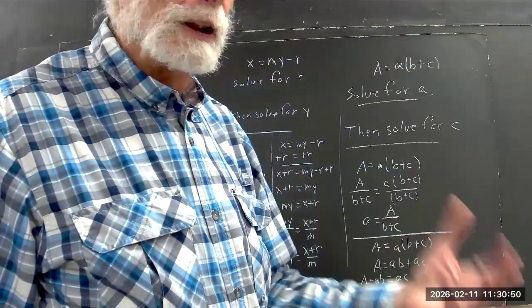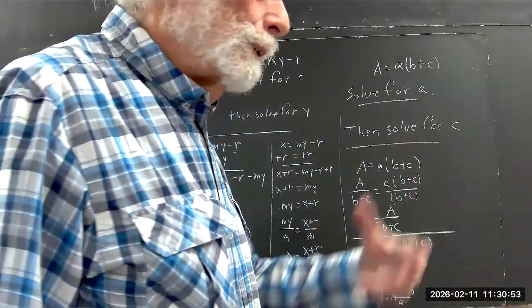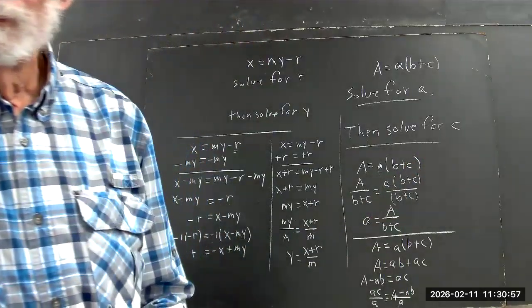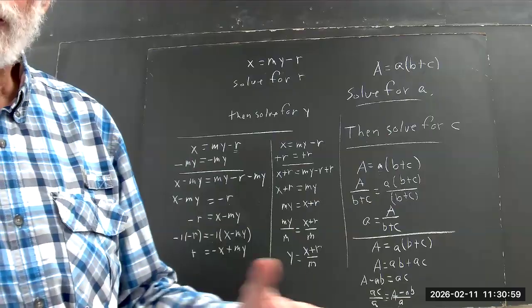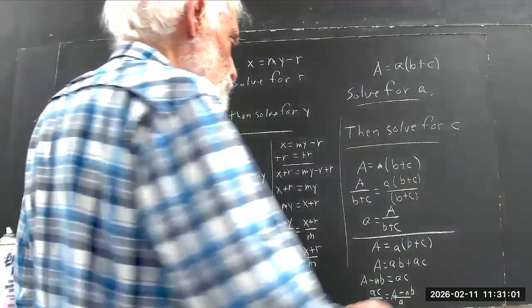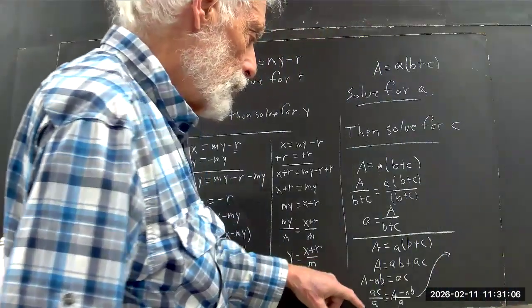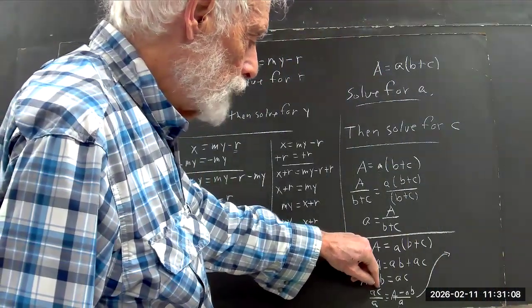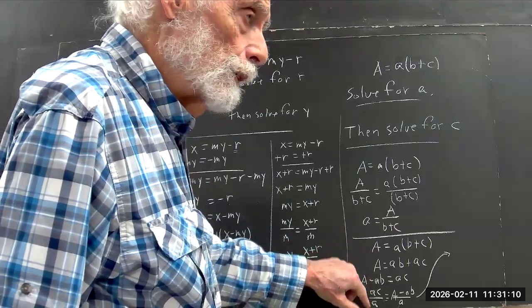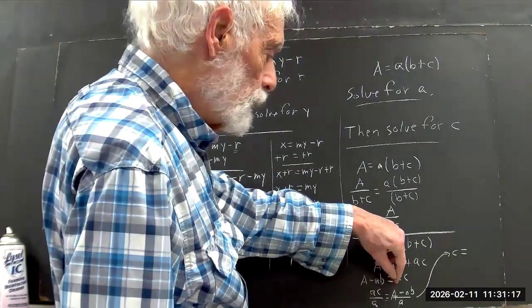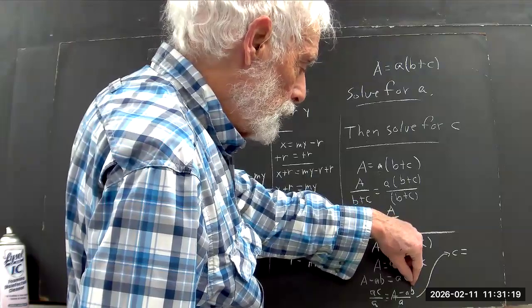By default, letters are lowercase, but we distinguish because we have a big A and a little a, and they stand for completely different things. They're separate variables. It should be clear to start with, but just to be sure. Now the left-hand side is ac over a. The a in the denominator divides the a in the numerator, leaving c. And the right-hand side is, again, big A minus ab, all that divided by a.